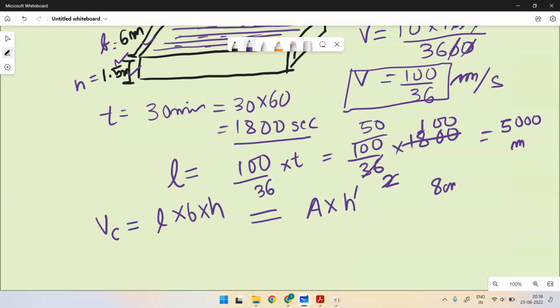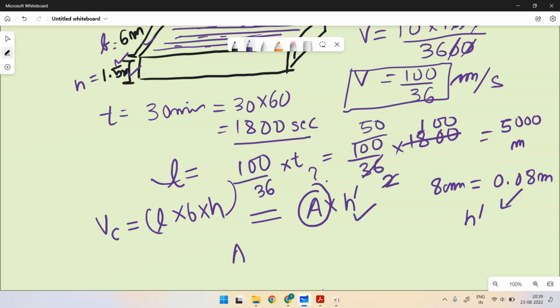You need to convert 8 centimeter into meter, which is nothing, 0.08 meter. This is h dash. Now area of the field you need to find. This product you can calculate from here, and if you equate the two, you will get the value of A, which is the answer.